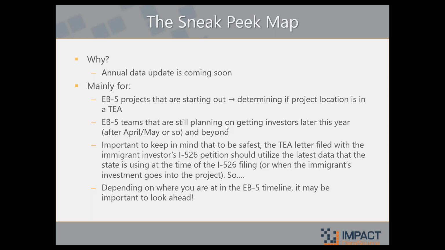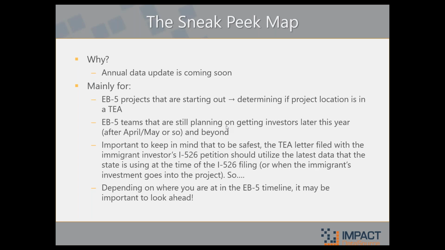So if you got a letter today, you would still want to get that letter updated after the state changes over their data. And so this is really important for EB-5 projects that are just now starting out, where you're kicking the tires. Can I have this be an EB-5 project? While you'll want to know, can I get a TEA letter now, you'll also want to see, will my location still qualify when the state updates in the next few months?